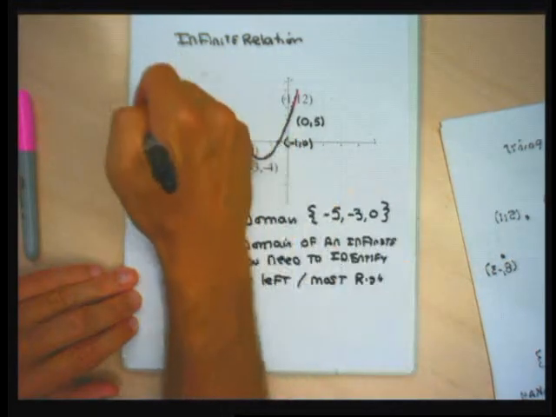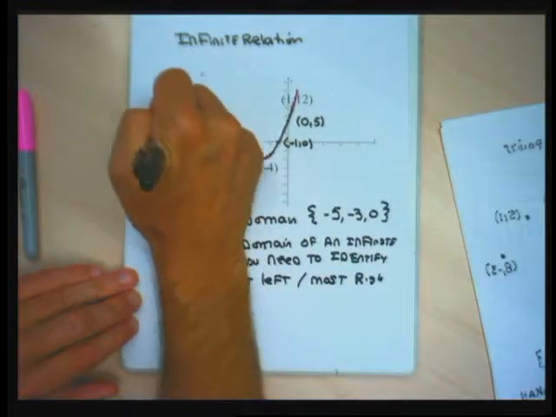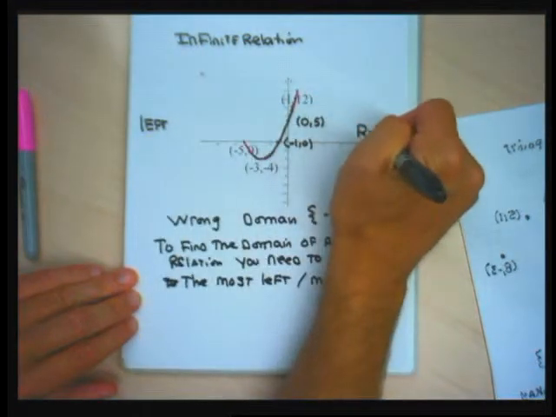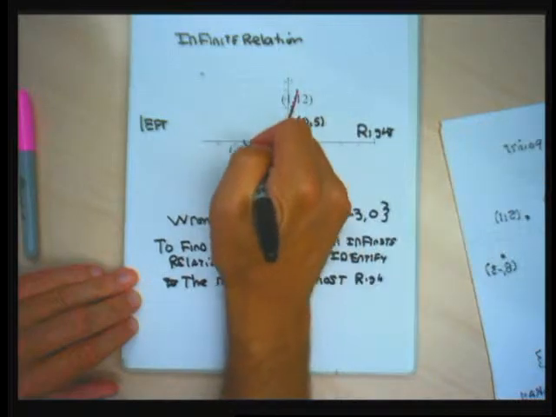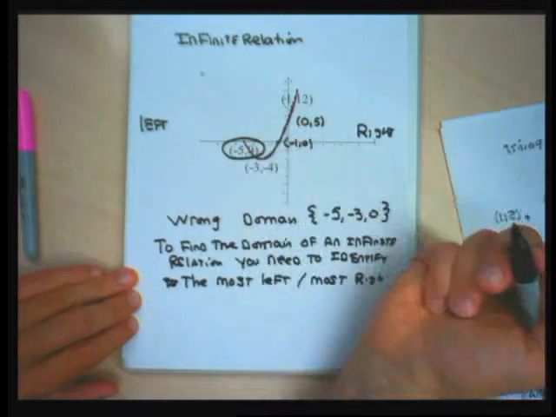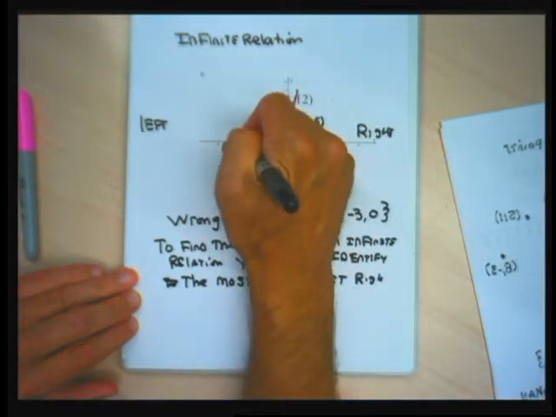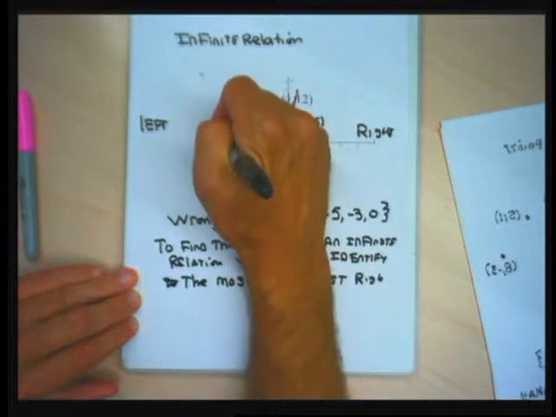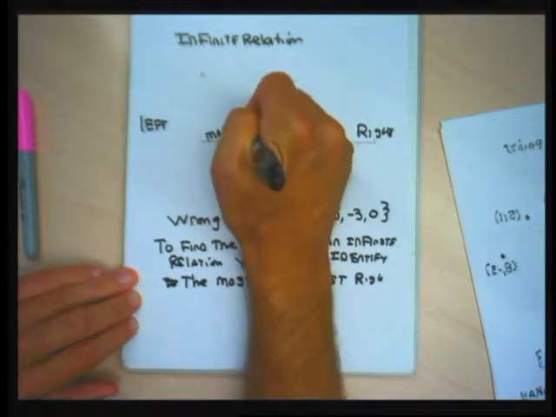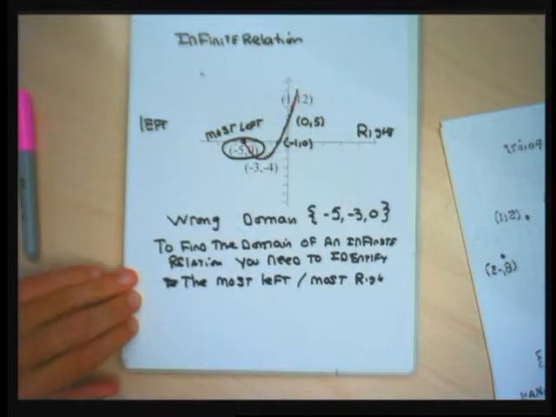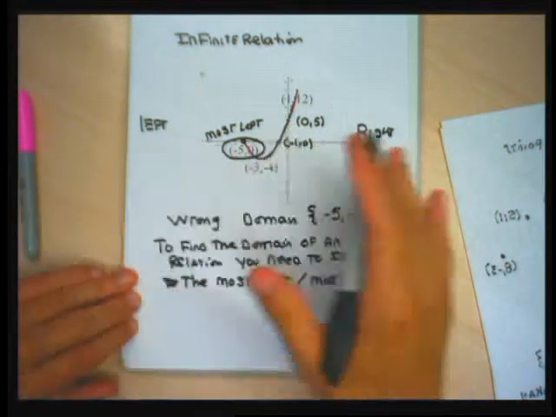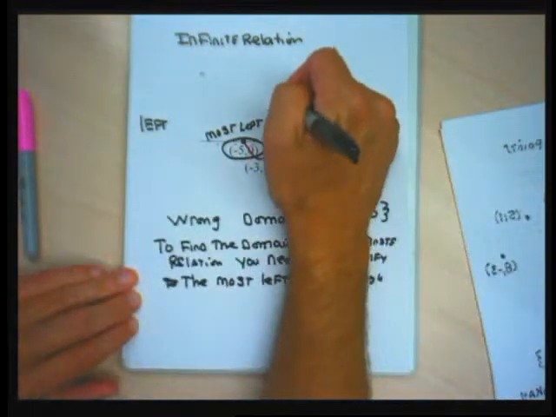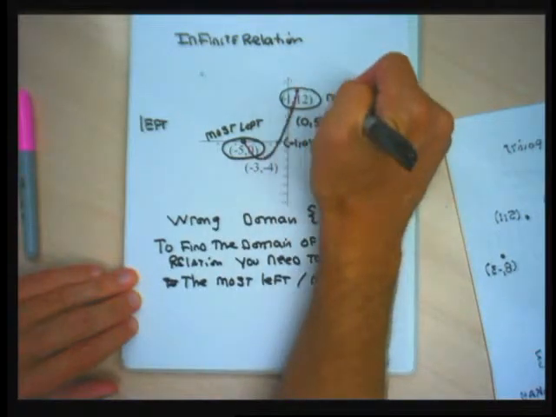As I look at this graph, this is the left side, this is the right side. This point right here, I would consider the left edge of the graph, so I would consider this the most left point. And then if I go off to the right, this point right here, I would consider the most right point of the graph.